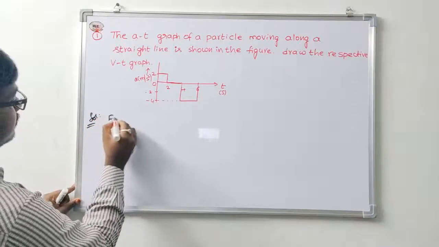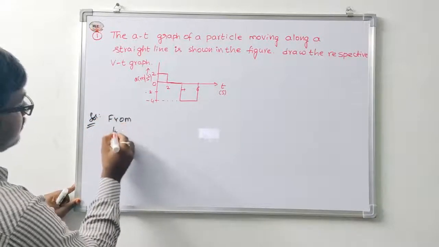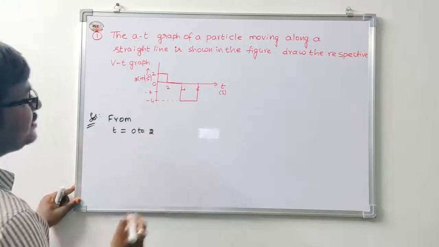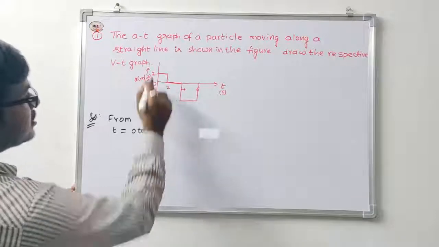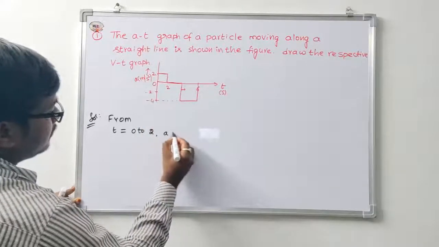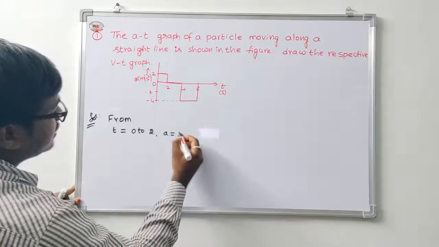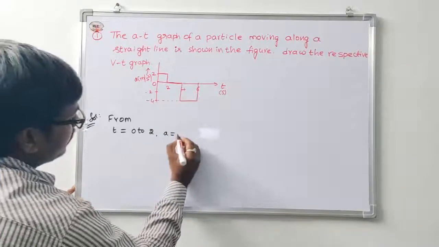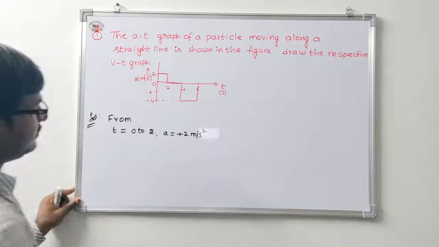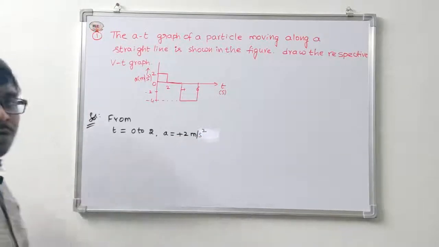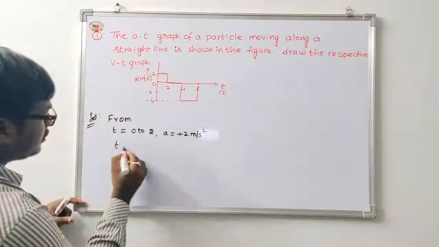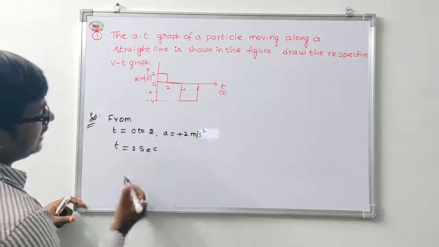From t equal to 0 to 2 seconds, the acceleration is always positive, in the upward direction above the time axis, that is plus 2 meter per second square. T is equal to 0 to 2, only 2 seconds.